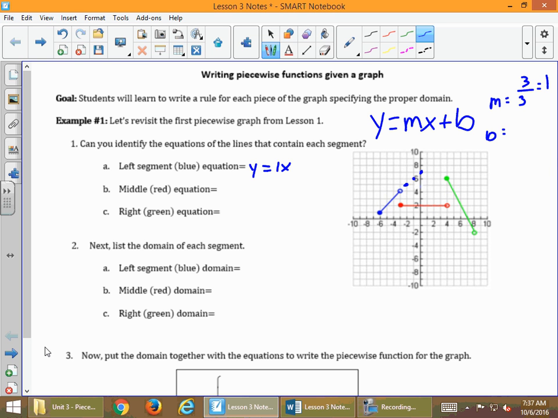What's our y-intercept? 7. We found the equation of the line. So if your piece is not going through the y-axis and you need to find your y-intercept, find the slope first by just counting up and over. Reduce it, you have to reduce your fractions. And then once you know your slope, you just keep extending your line, and once you hit the y-axis, you have your y-intercept.